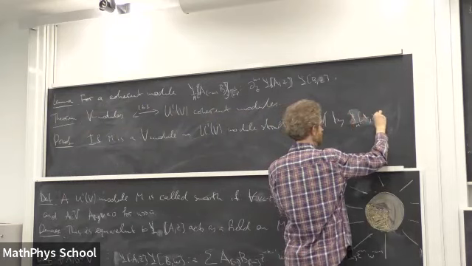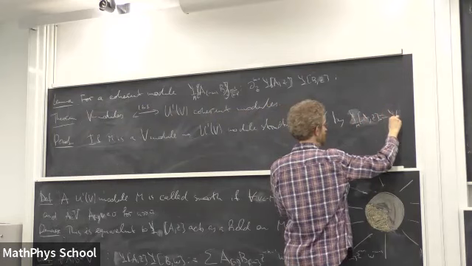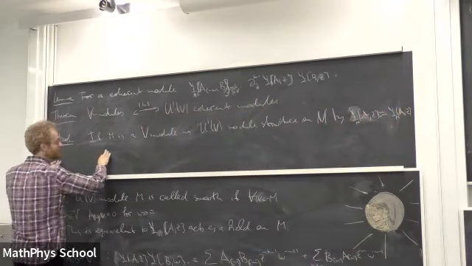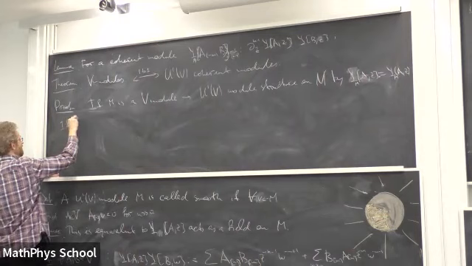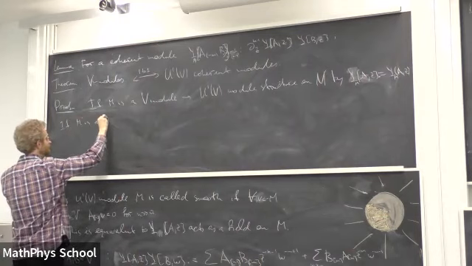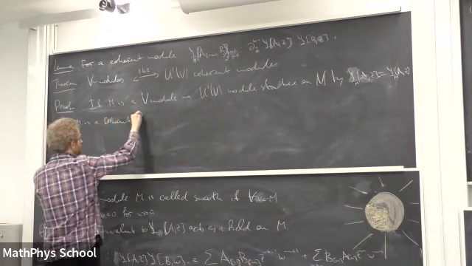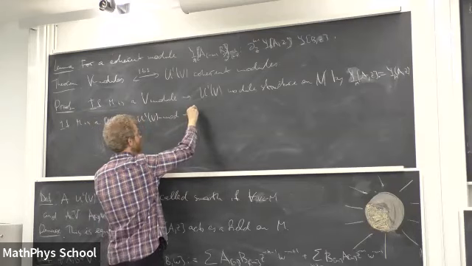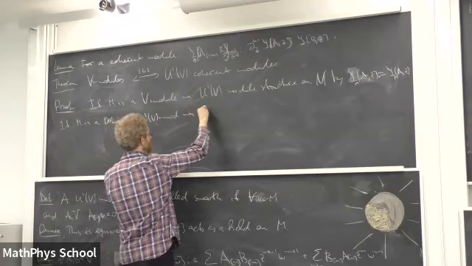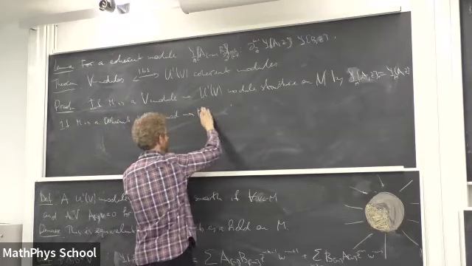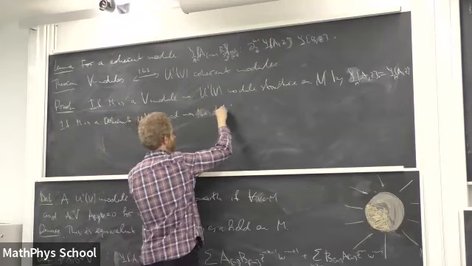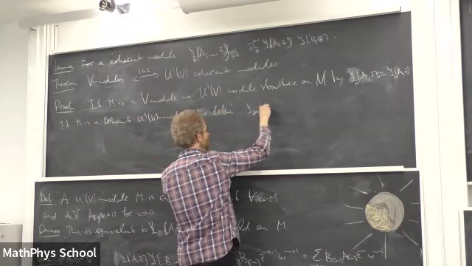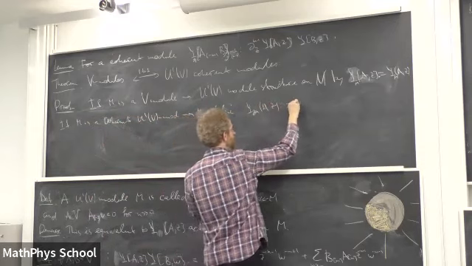By definition, and vice versa, if M is a coherent U prime of V module, then M is a V-module, where we define Y_M(a,z) by definition.